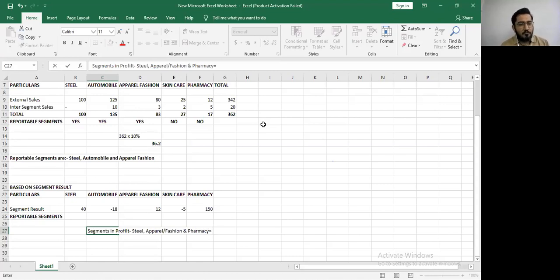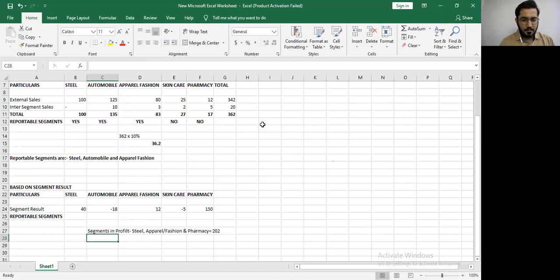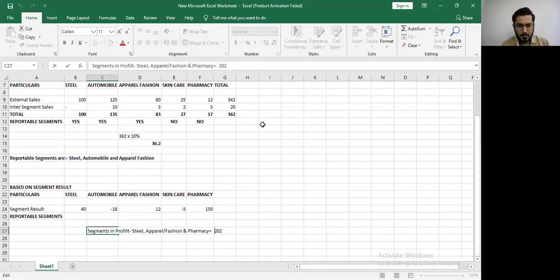The total of which in profit will come to 150 plus 40 is 190. So you get 202.